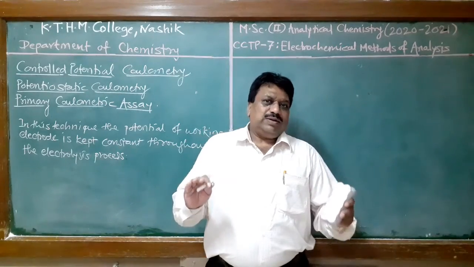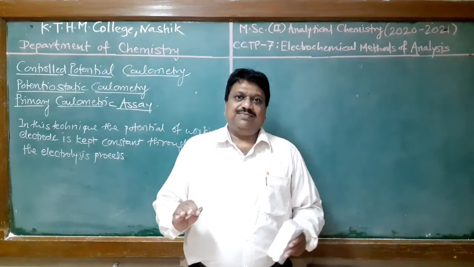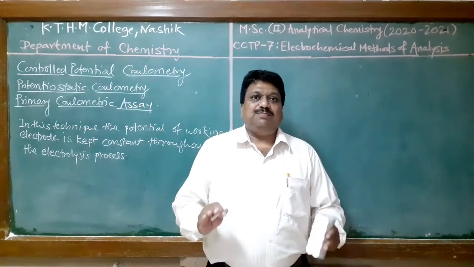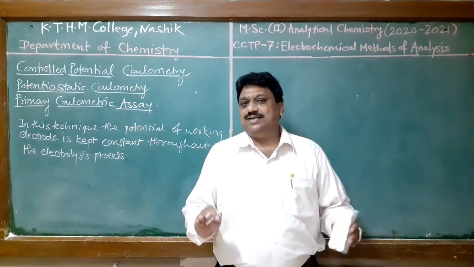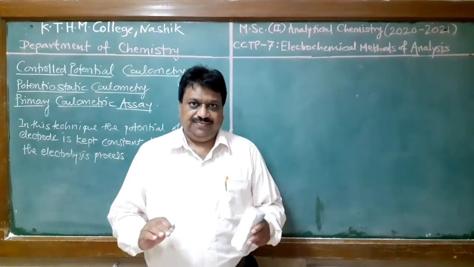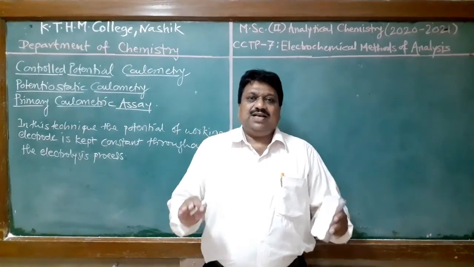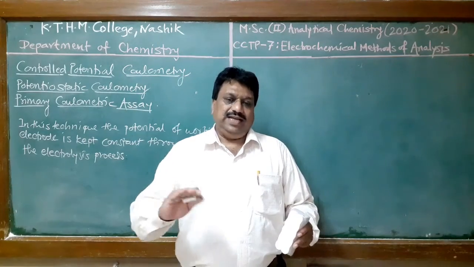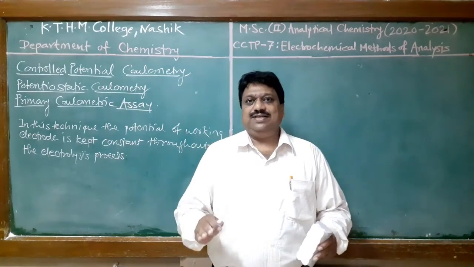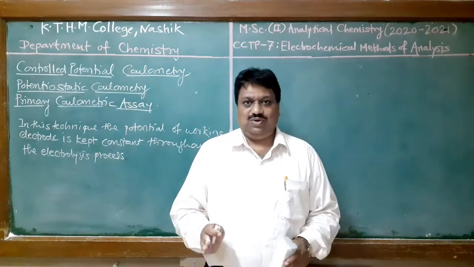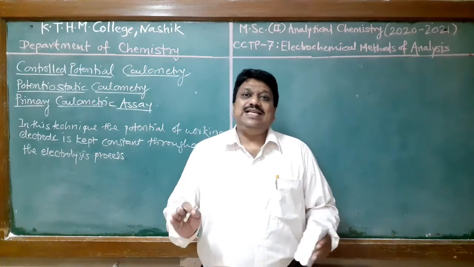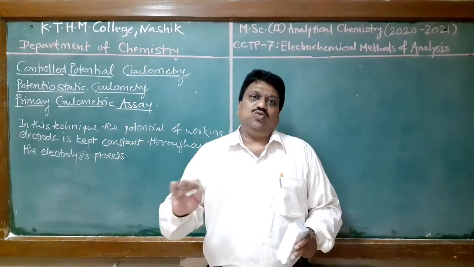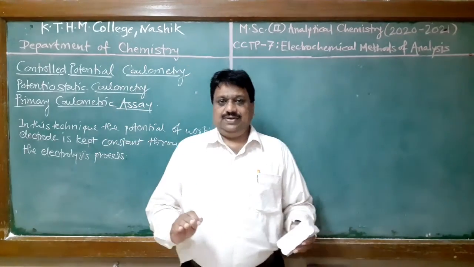But one of the most important requirements for coulometric method of analysis is that the method should have 100% current efficiency. That means the electrochemical reaction taking place should be selective one. There should not be any side reaction. This is the first requirement for both coulometric methods of analysis.